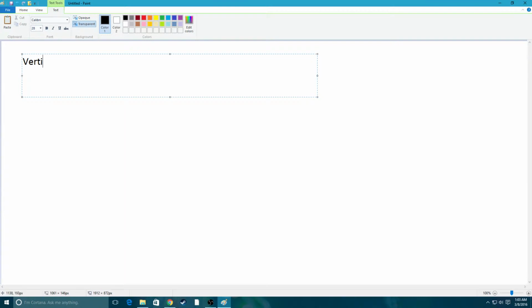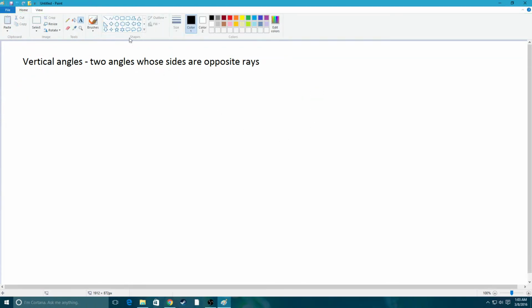Okay. Another thing called vertical angles. Vertical angles are two angles whose sides are opposite rays. Okay. So you take a couple things.